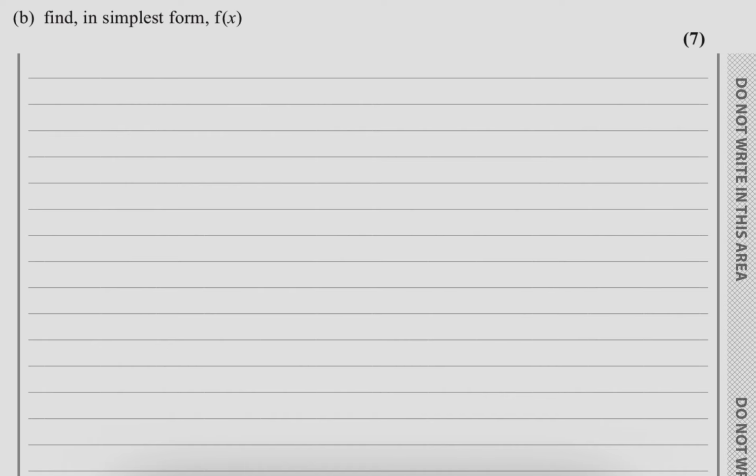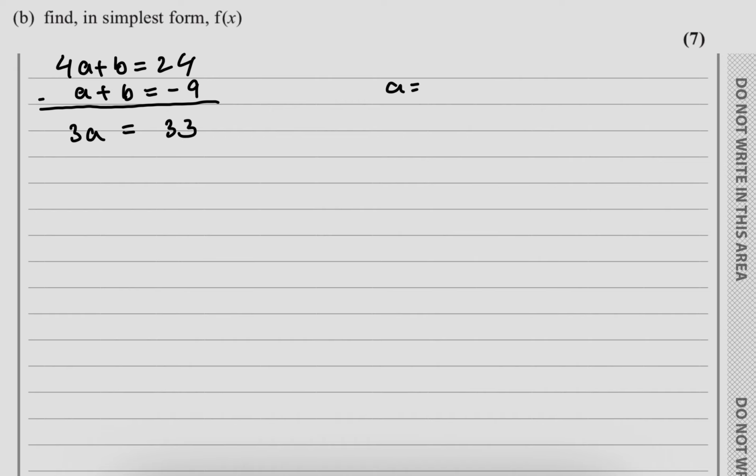The only extra step in this question is solving for a and b. We already know that 4a plus b is equal to 24, and we've been given a new equation that a plus b is equal to minus 9. This is a linear simultaneous equation, so I'm just going to subtract both of them. 4a minus a, 3a, b minus b is 0, 24 minus minus 9, 2 negatives make a positive, we get 33.